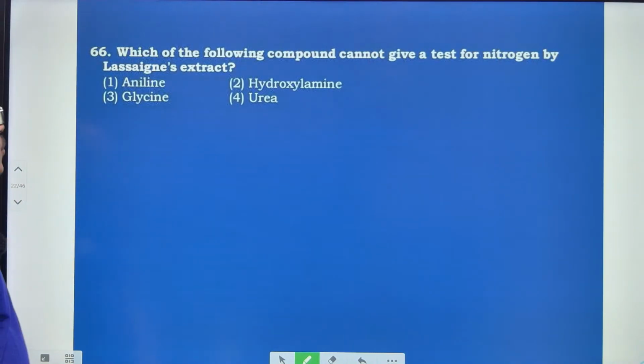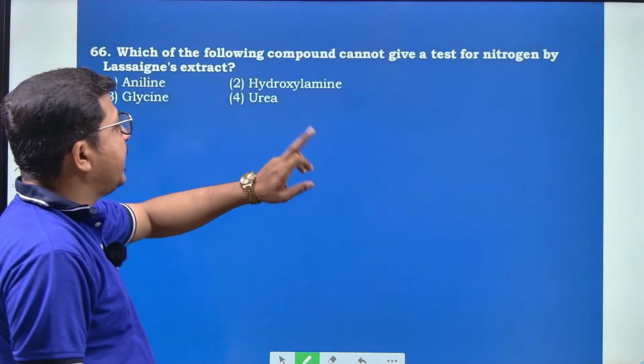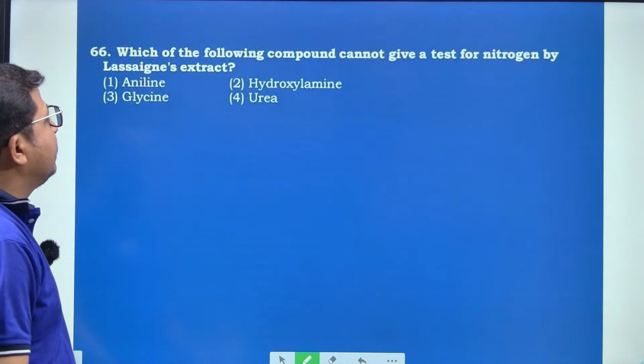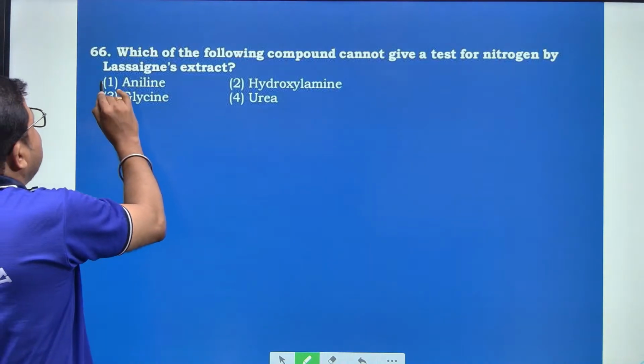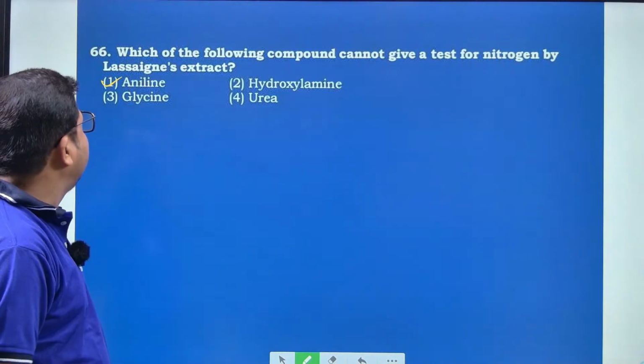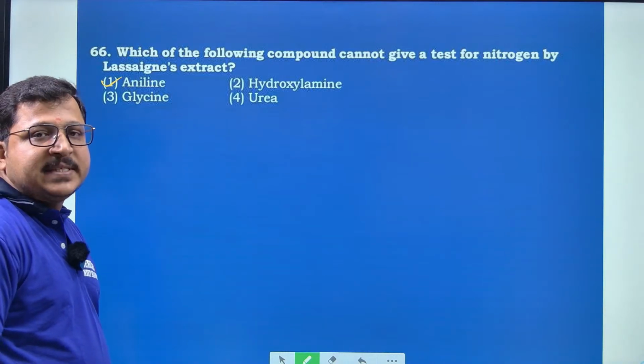And next, which of the following compounds cannot give a test for nitrogen by Lassaigne's extract? Look at here, aniline contains carbon, and when it is subjected to the sodium fusion extract, it will form sodium cyanide.